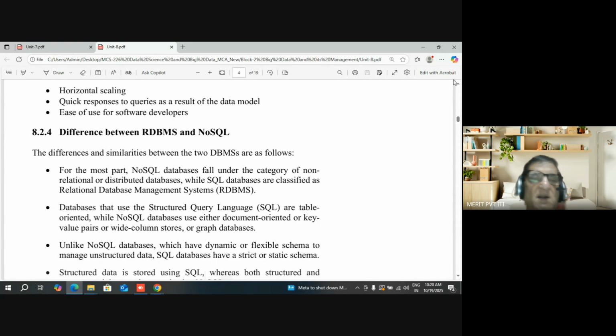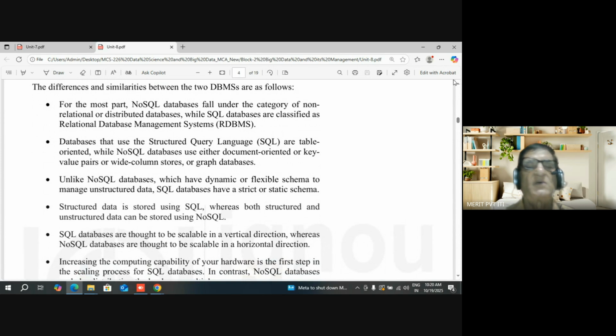For the most part, NoSQL databases fall under the category of non-relational or distributed databases, while SQL databases are classified as relational databases. Databases that use the structured query language are table-oriented, while NoSQL databases use document-oriented, key-value pairs, wide-column storage, or graph databases.